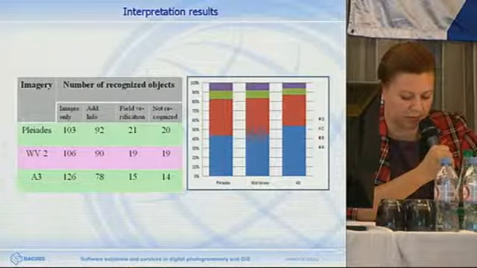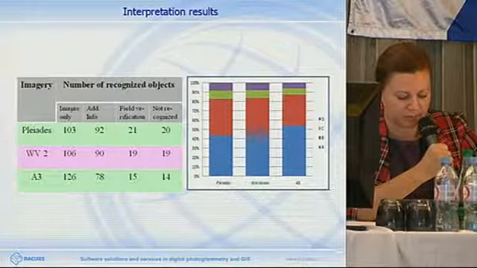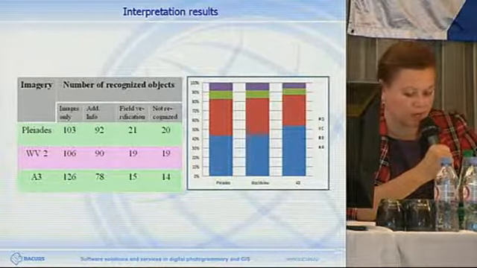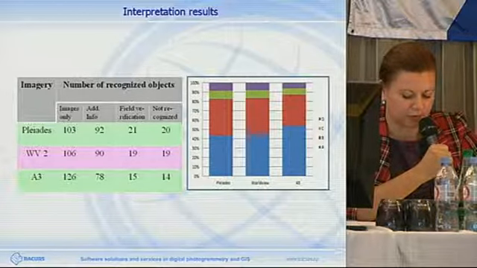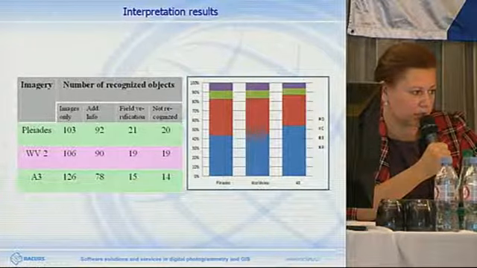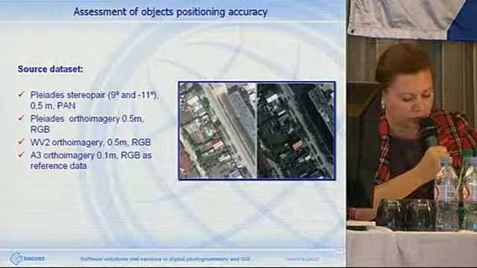We analyzed 236 various objects needed to create 1 to 2,000, 1 to 5,000 maps. The main problems in interpretation were caused by small objects and the objects covered by vegetation.